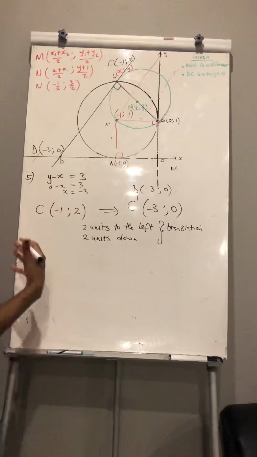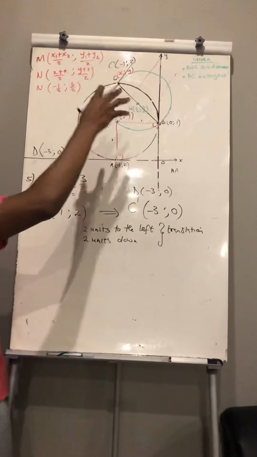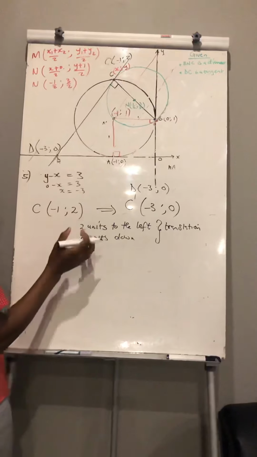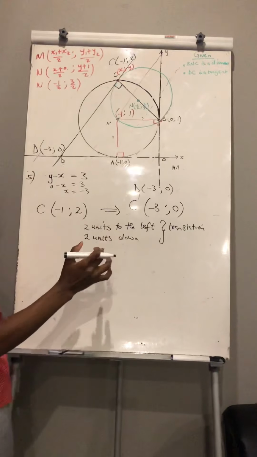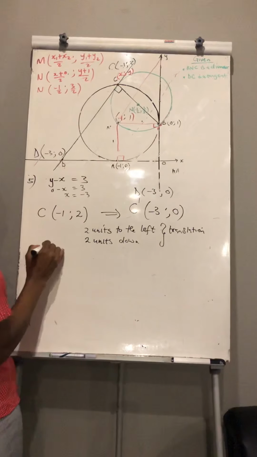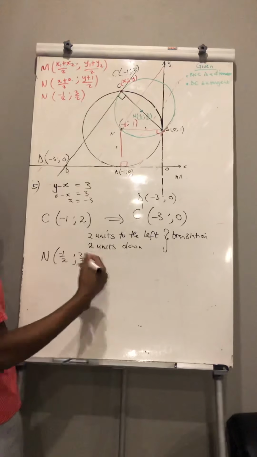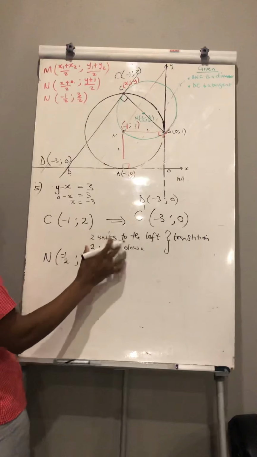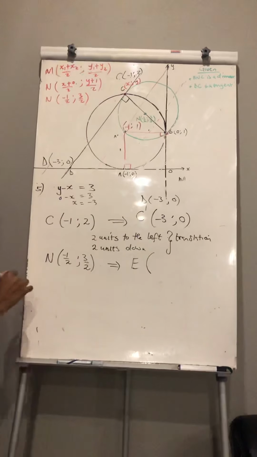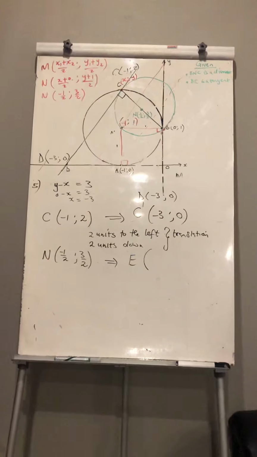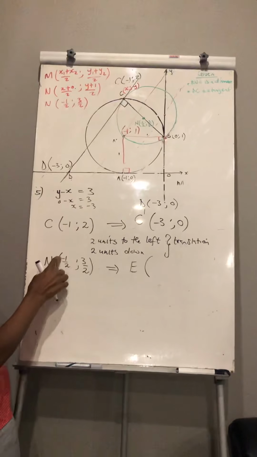Now, I want you to use the same strategy. Remember, they didn't just move point C, they moved the whole circle. So it means every coordinate on the circle has actually gone through this type of translation. So if I am asked to take now N, which is -1/2 and 3/2, and I want to translate it using this rule here, I can easily get the coordinate which they said we should name E. So if we want 2 units to the left, we subtract 2 here.